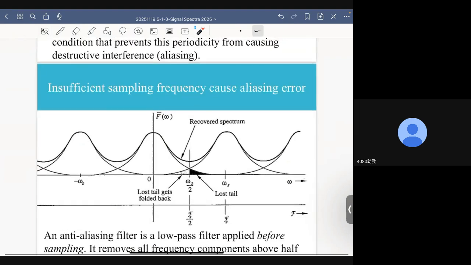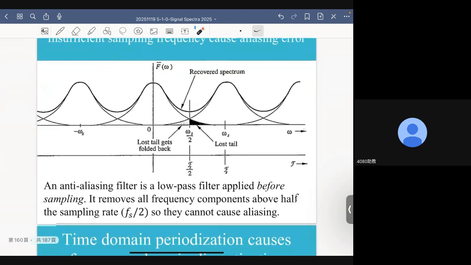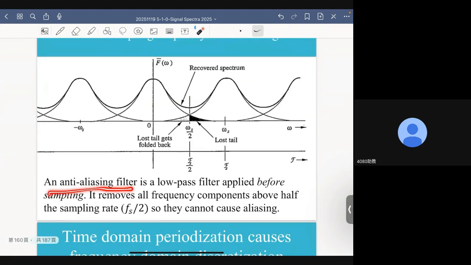Now, how do we address this problem? Okay, we cannot resolve this problem typically, but what we can do is use an anti-aliasing filter. What is an anti-aliasing filter? It is actually a low-pass filter applied, let me emphasize, before sampling. So let's say the original spectrum is this.